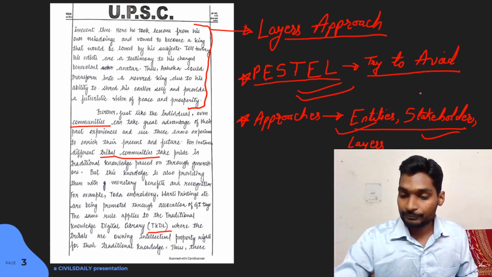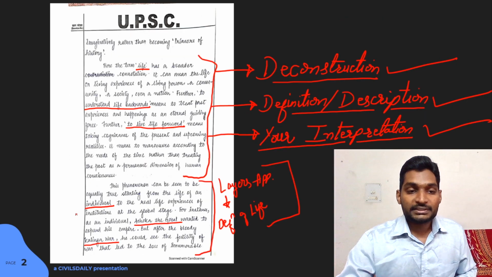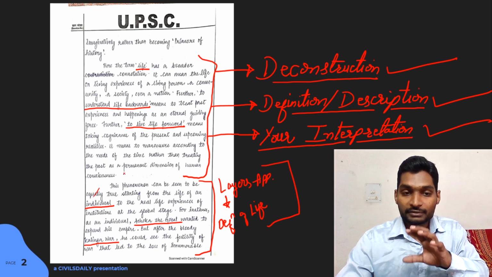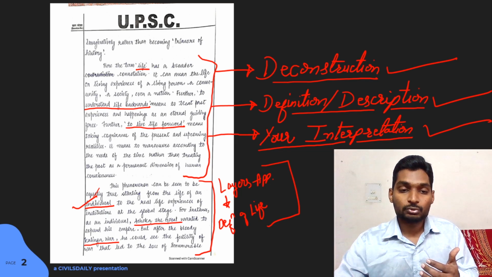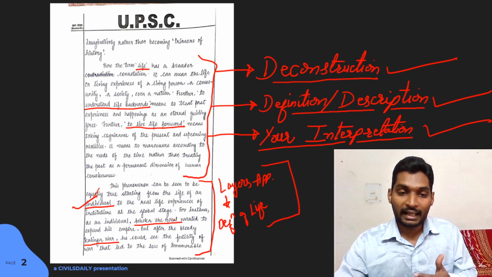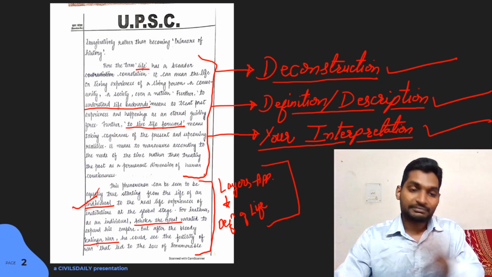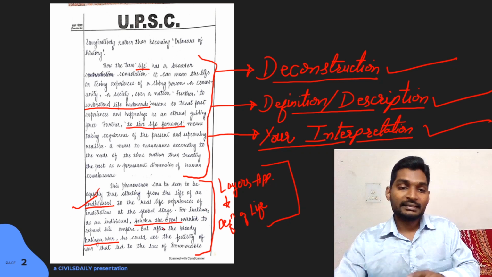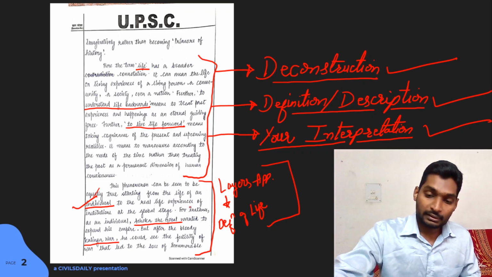Just for example, in the first paragraph, we have mentioned the individual, talking in terms of the layers approach, individual, and then we have given reference to Ashoka the Great, and again how it transformed him after the Kalinga War, again linking it explicitly with the title of the essay.